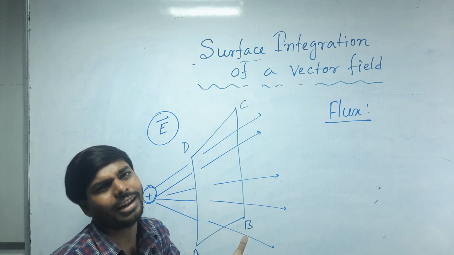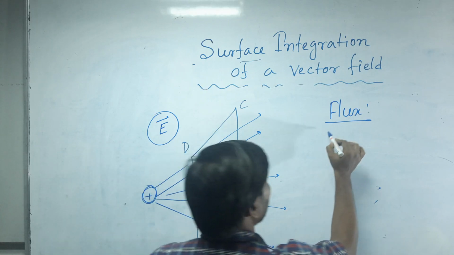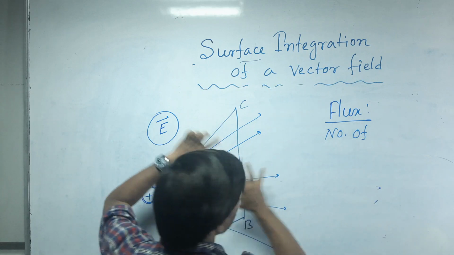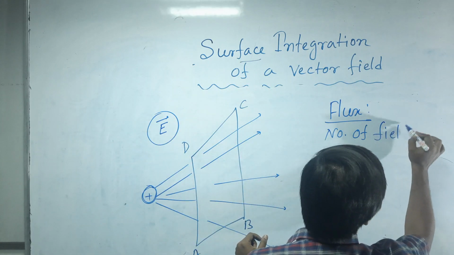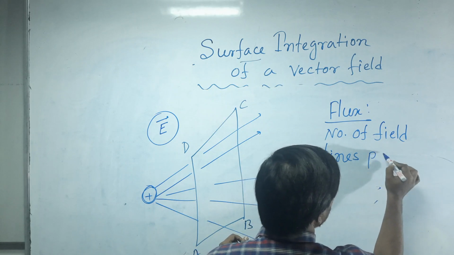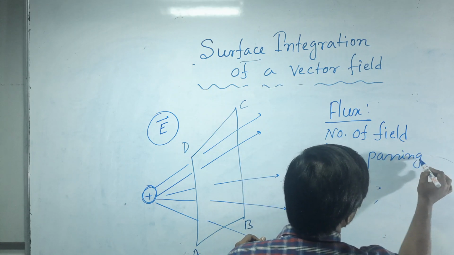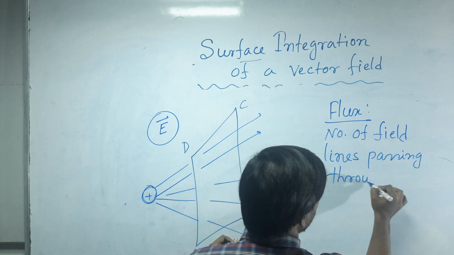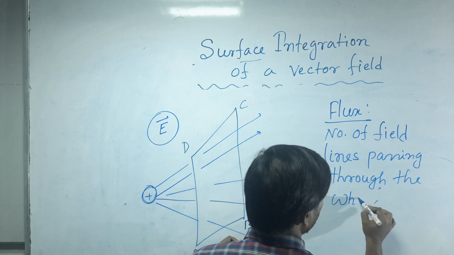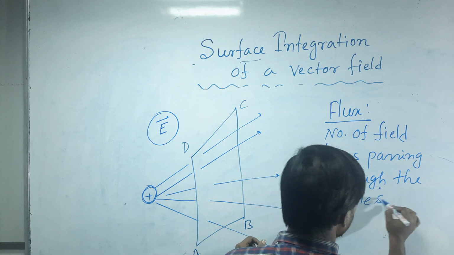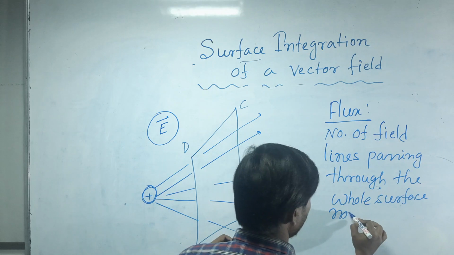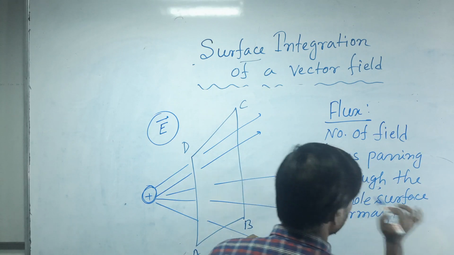Per unit time you can take. So flux is the number of field lines passing through the whole surface normally.